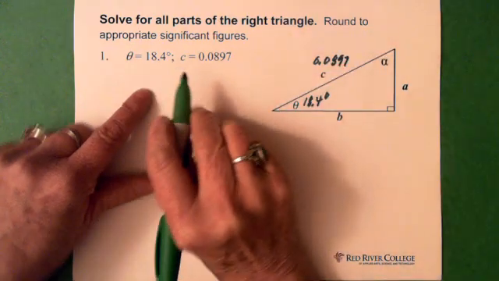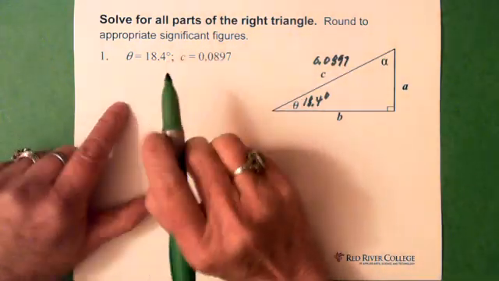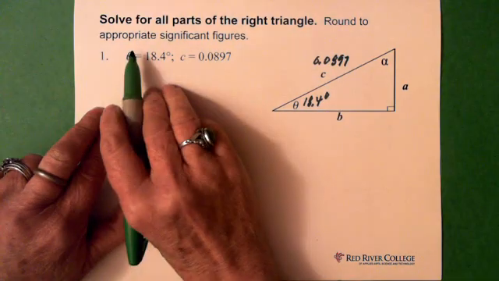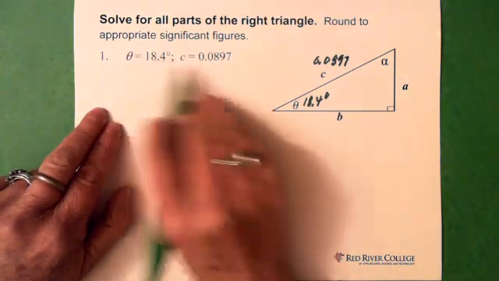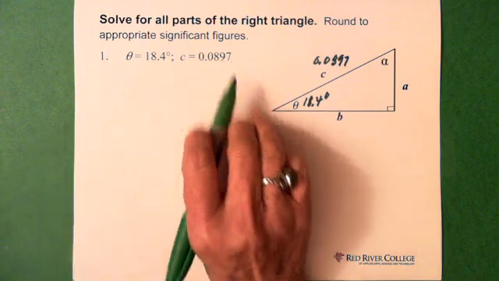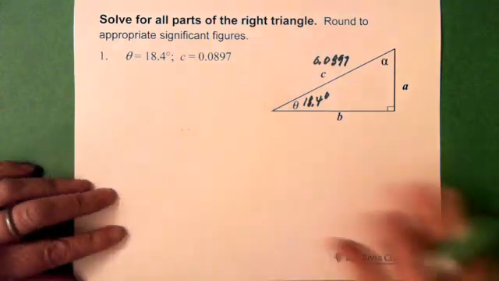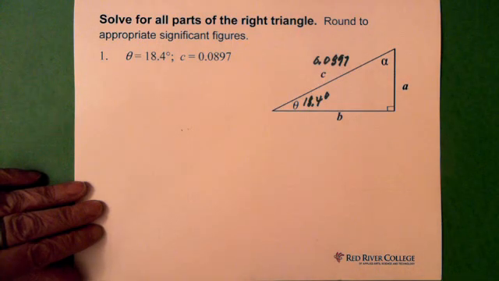In this question, you're being asked to solve for all parts and round to the appropriate significant figure. Here we have 3 sig figs. Here we have 3 sig figs. So our final answer should have 3 sig figs.